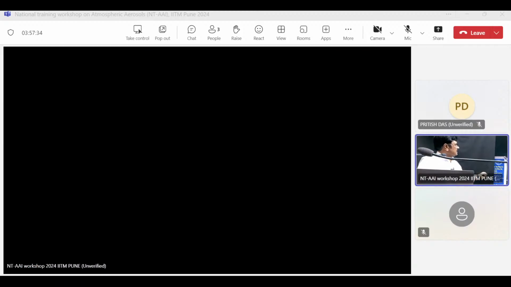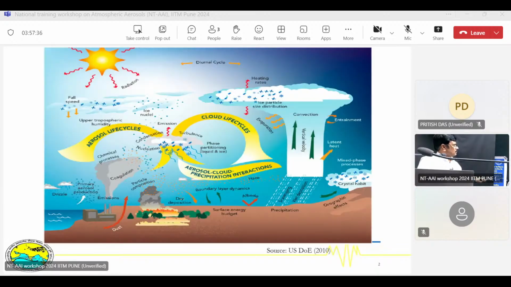If you look, there is primary aerosol production and there is an aerosol life cycle. There are chemical processes, and aerosols have a wide spatial and temporal variability and complex chemical composition.